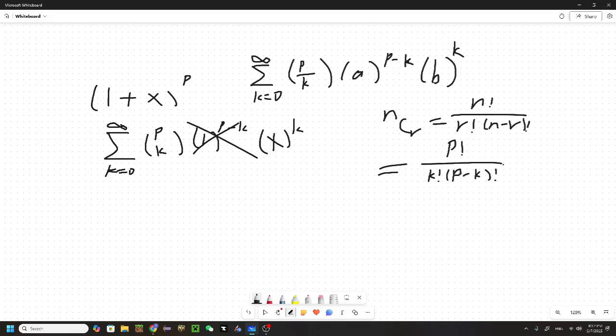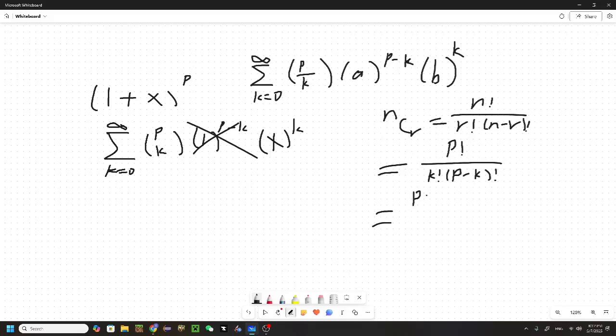Okay, so this is the strategy we're going to use because we know p is a number. So p factorial, we can expand that until we get to p minus k factorial, so that we can cancel these two out to simplify this.